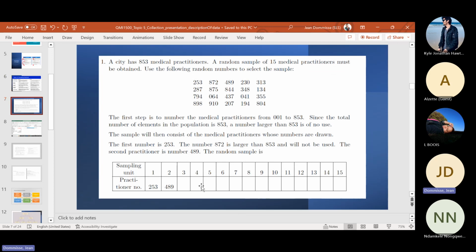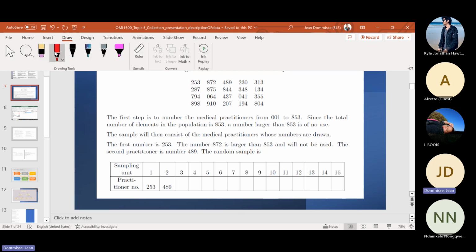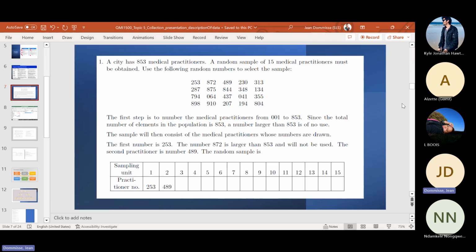What I did was to put in a data set, and just some things around the data set. So here they tell us the city has so many medical practitioners. Then a random sample of 15 medical practitioners were drawn.